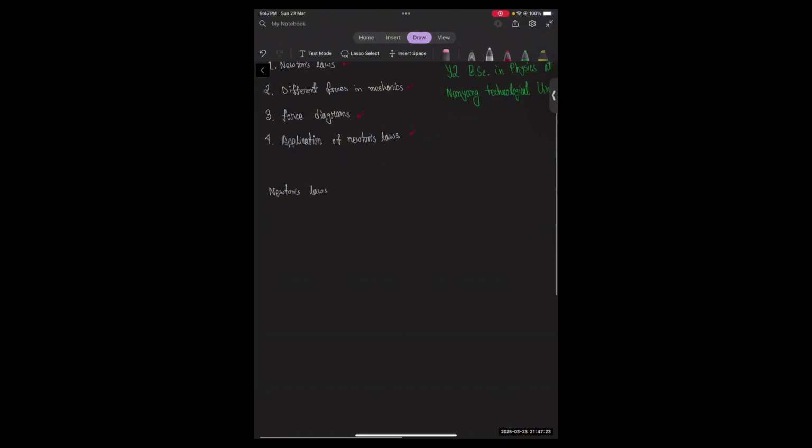More specifically, Newton's laws of motion. There are three laws. All of you should already know the three laws; we read them from childhood. Simply put, the first law tells you that an object moving at a constant velocity keeps moving at a constant velocity.